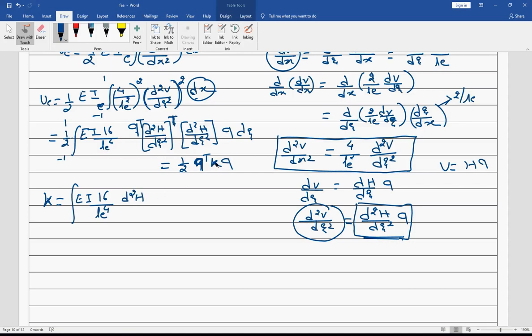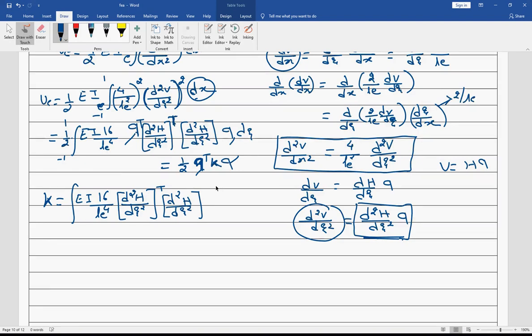So if I equate this, what's going to be my K? Q transpose goes, Q goes, rest is my K. This is transpose, so this is the vertical column matrix, and this will be a horizontal matrix. H already we have.